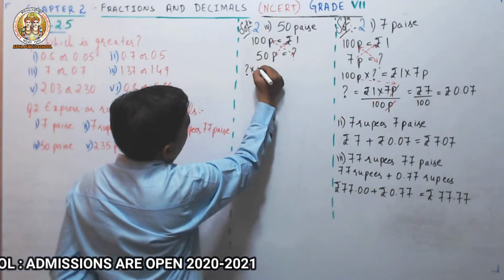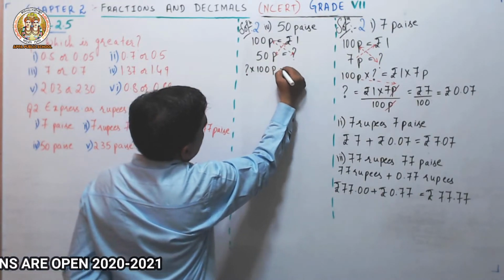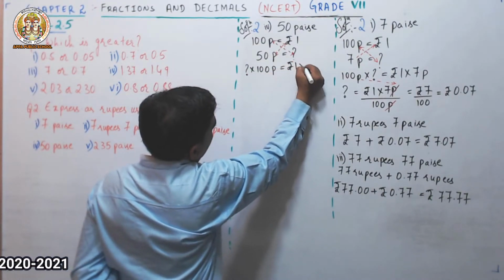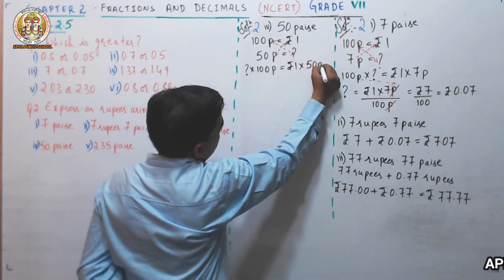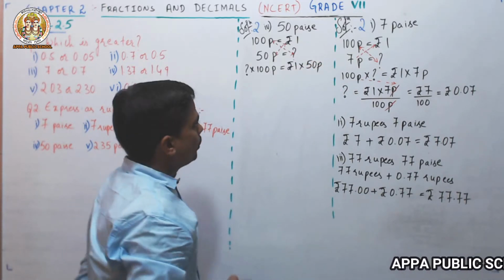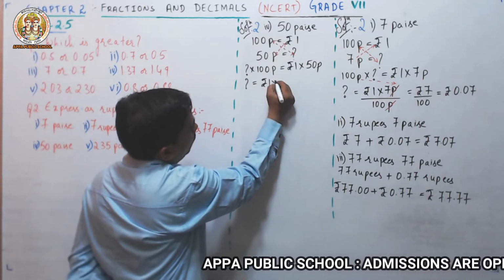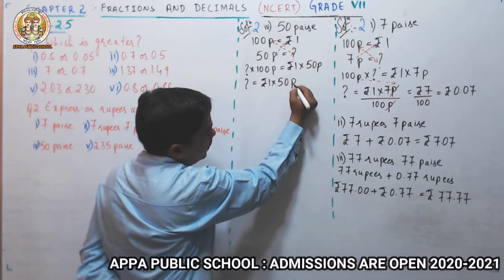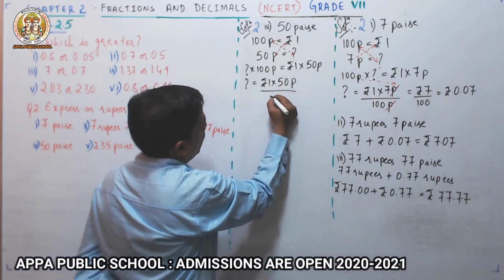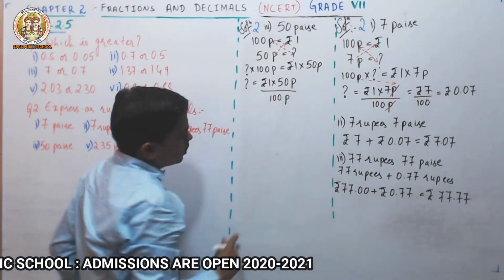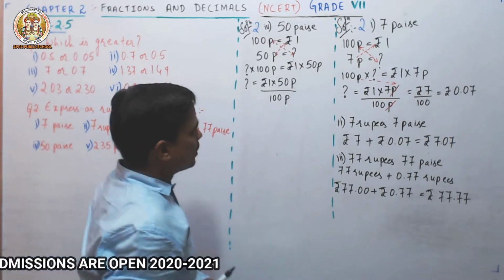Question mark into 100 paise is equal to rupee 1 into 50 paise. So question mark is equal to rupee 1 into 50 paise, at the RHS I will write it as it is, divided by 100 paise. So once again here, if possible, cancel it.